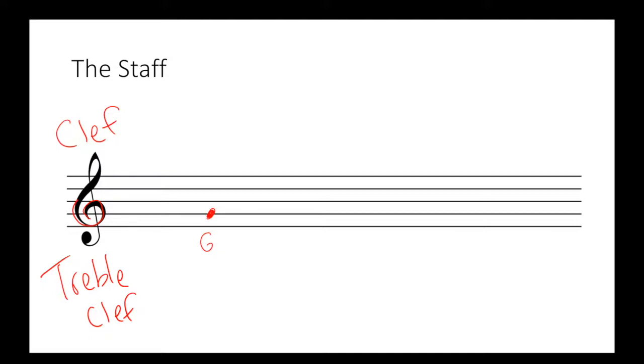Each of the lines and spaces on this clef is a single unique note. And there are any number of mnemonics that people use to sort of remember which notes are which. For example, the classic, every good boy does fine, for the notes that are on the lines.